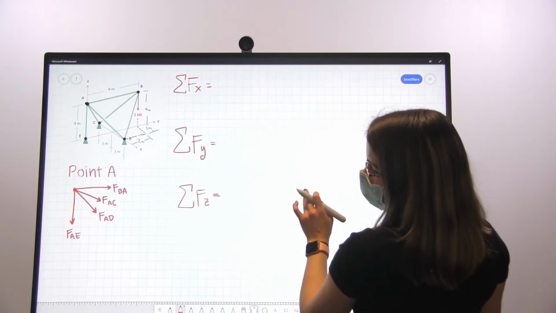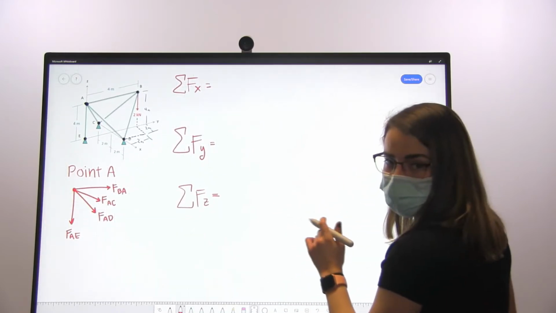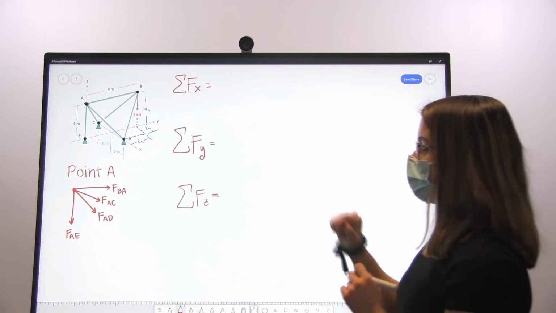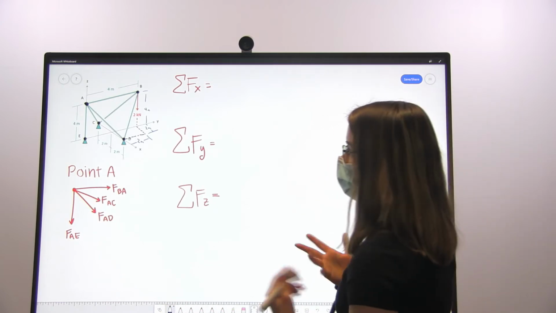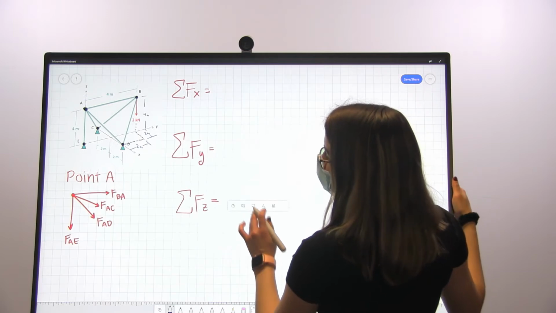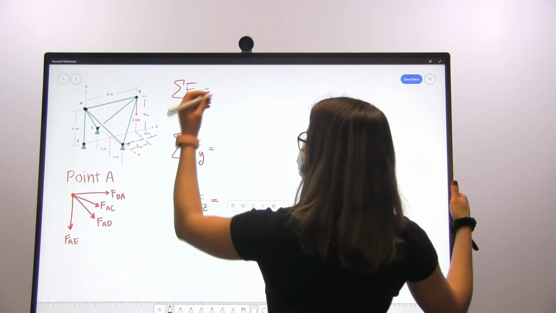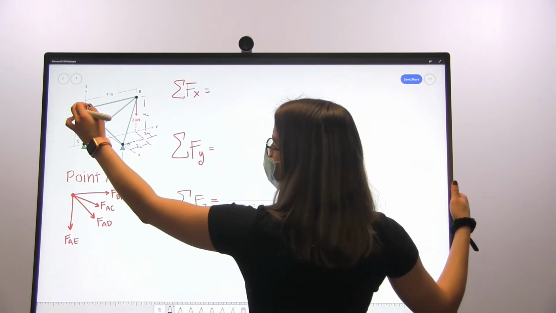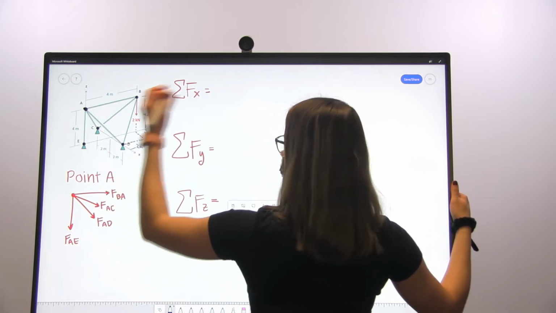Here we have a free body diagram of point A, and we're going to start by setting up our equations. For the sum of the forces in the x direction, we have force AD and force AC.